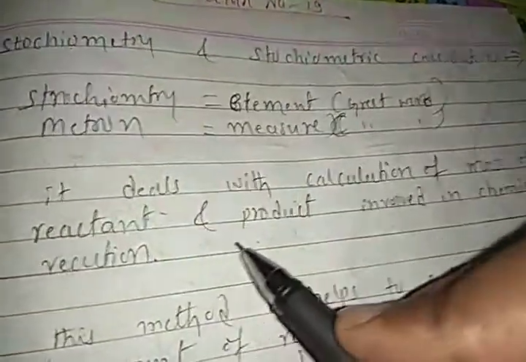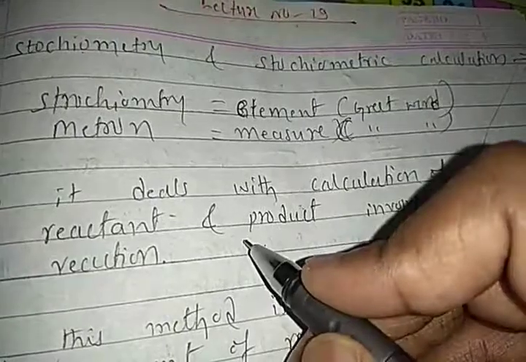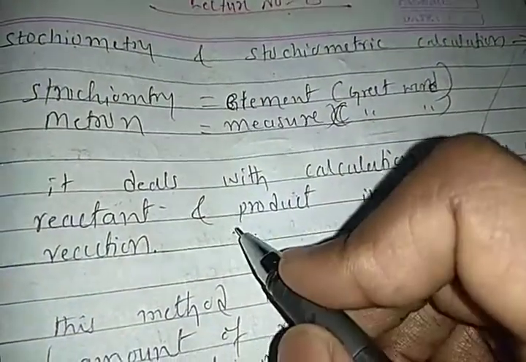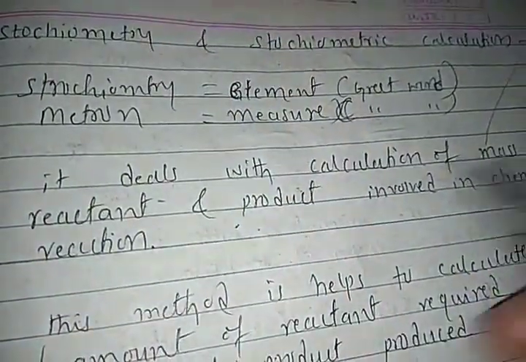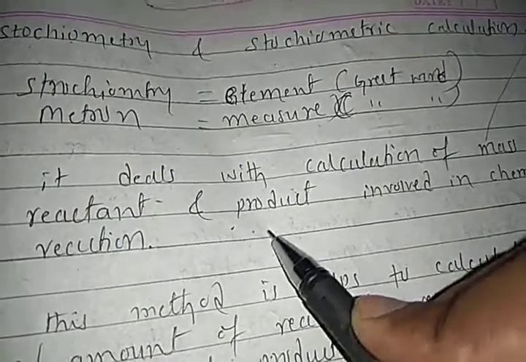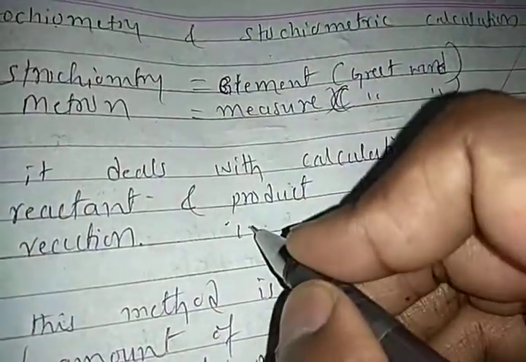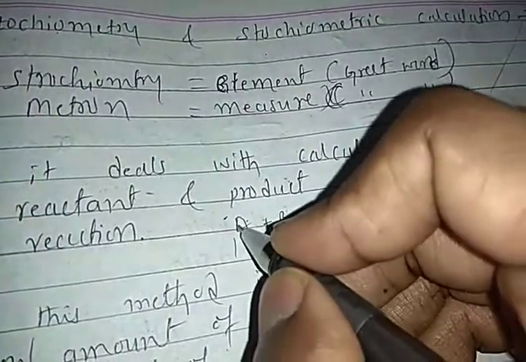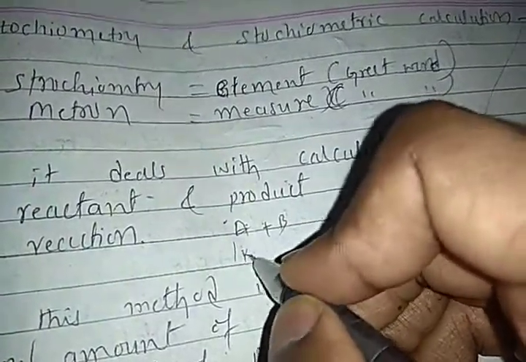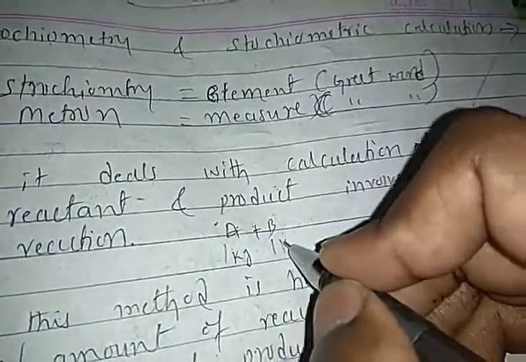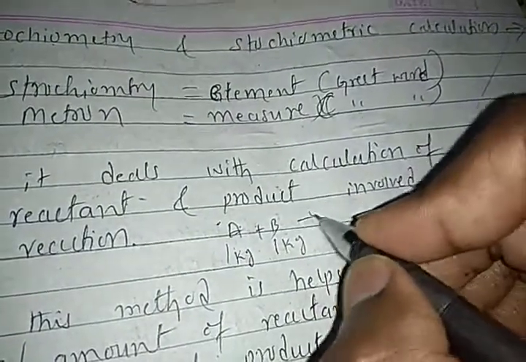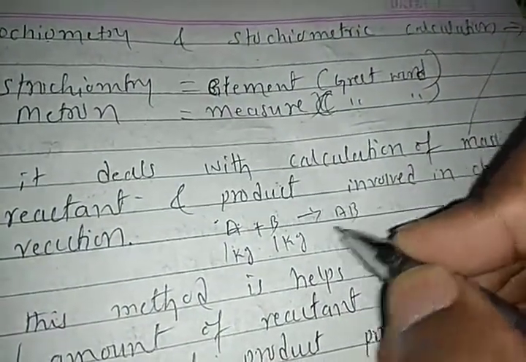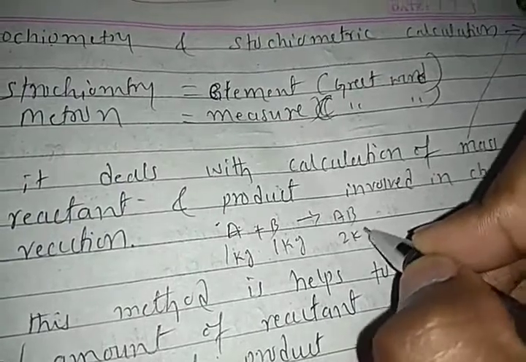For example, by the law of conservation of mass, 1 kg of A and 1 kg of B are both reacted to form AB, and the mass becomes 2 kg.